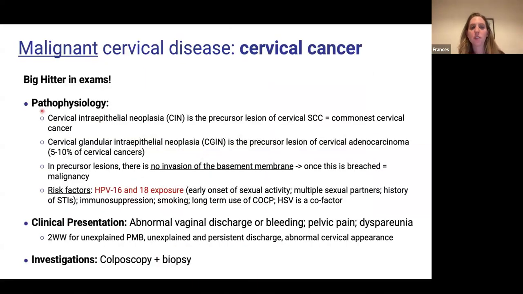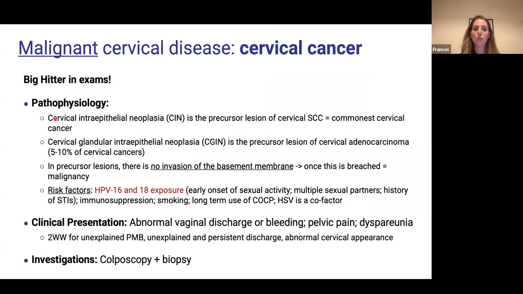Okay, so you do need to know about cervical cancer, and it comes up a lot. As I just said, we know pretty much most of cervical cancer is driven by high-risk HPV strains, things like HPV 16 and 18, but there are loads of different strains. And what will happen is that this is essentially going to integrate into the genome, and it will cause cell changes.